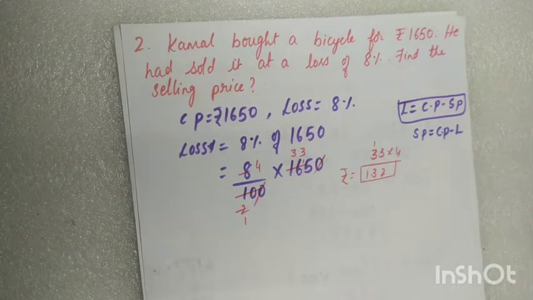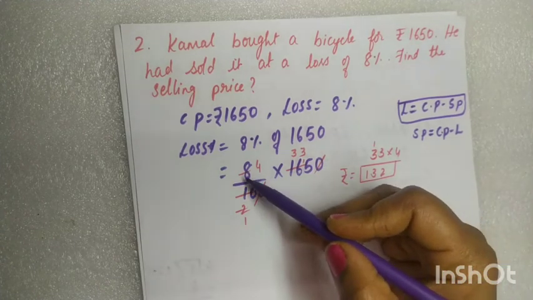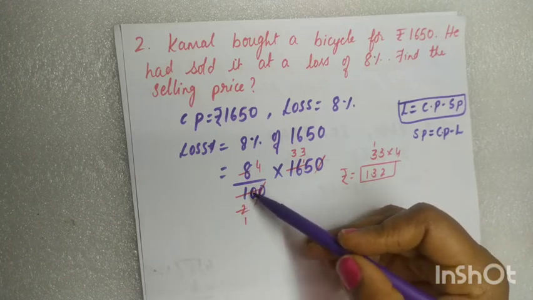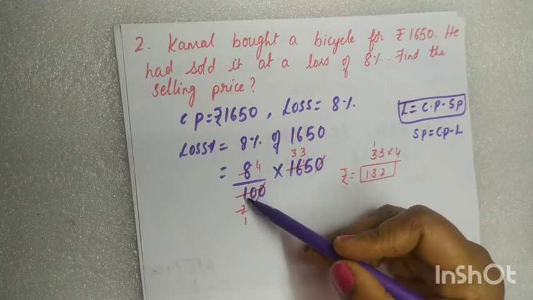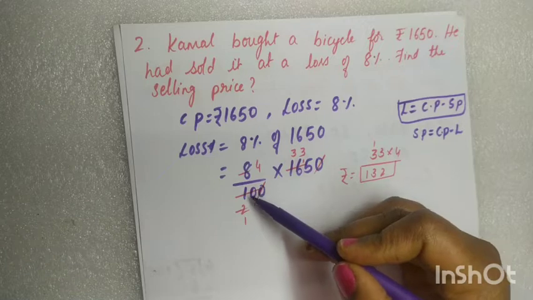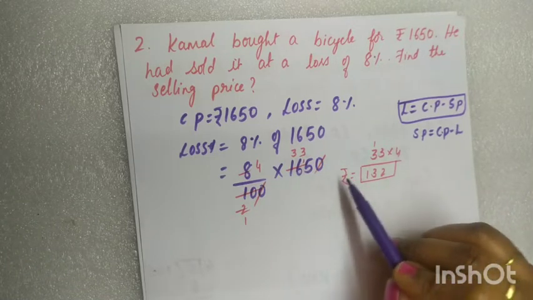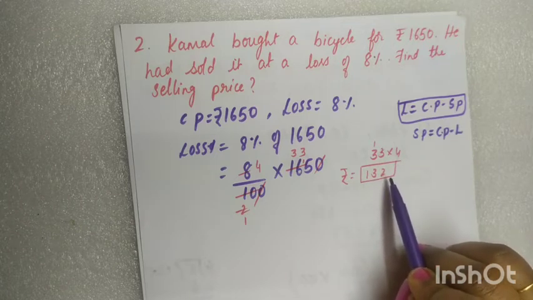When you cancel, the 0 0 get cancelled, and also 2 4s are 8 and 2 5s are 10. Cancellation you can do however you want here. Now again 5 2s are 10, 5 3s are 15 and 1 remainder, so 5 33s are 165. Now we are left with 33 and 4. So it is rupees 132.